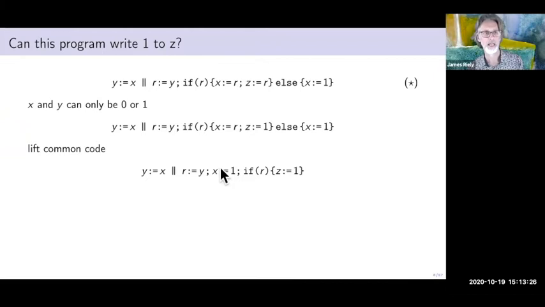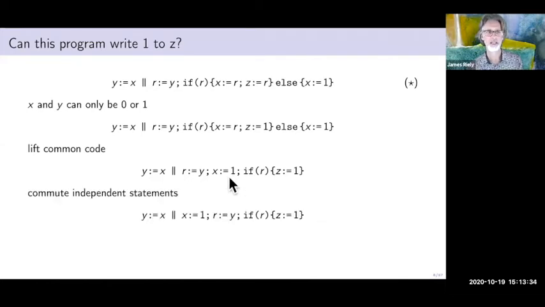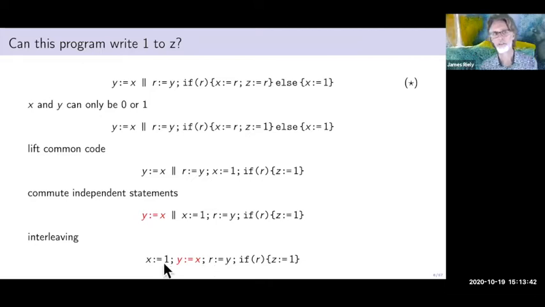So we have that X is 1 on both sides of the conditional. We can pull it out, and we can reorder as well. And then we can inline this, if you like, in between, or interleave. And you can see very clearly this can actually produce 1. So through this standard sequence of compiler optimizations, this kind of execution can happen.